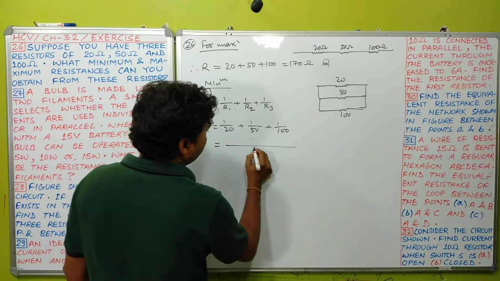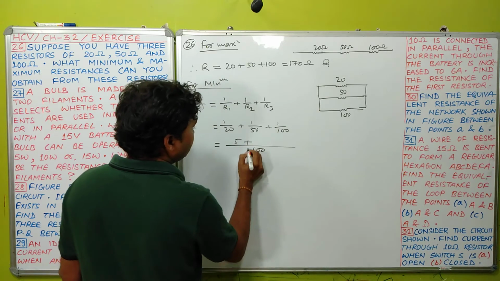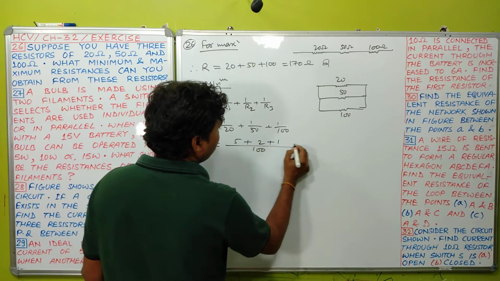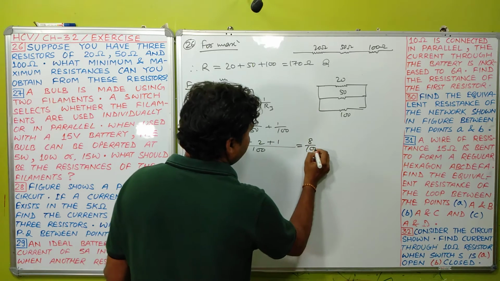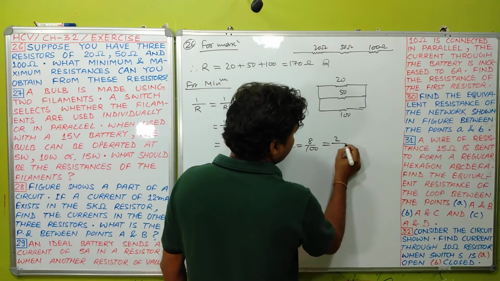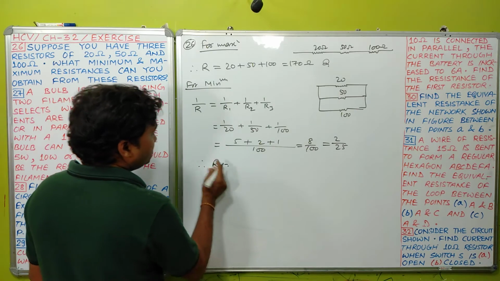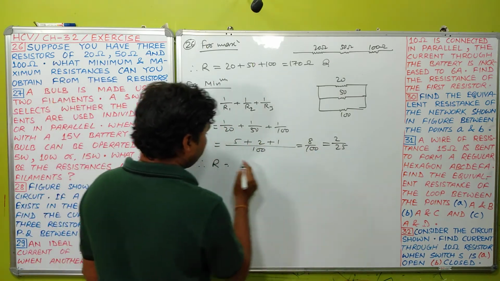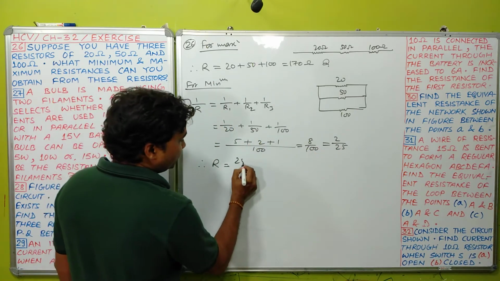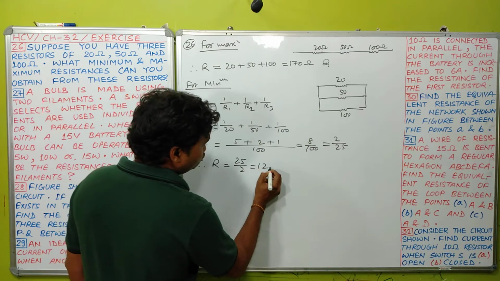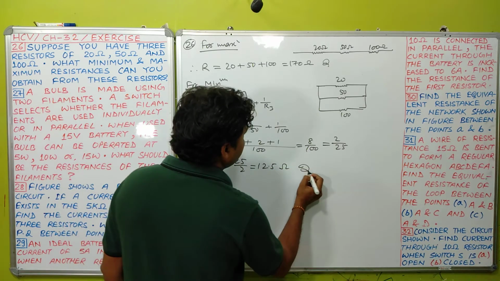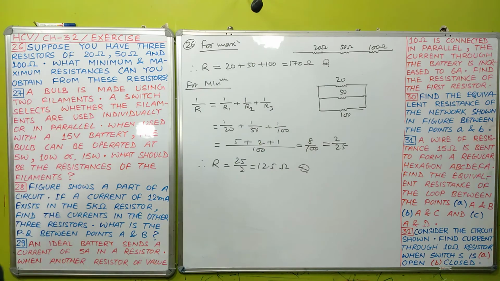This is now 5 plus 2 plus 1 over 100. This is 8 by 100, this is 2 by 25. Since 1 by R equals 2 by 25, R equals 25 by 2, means 12.5 ohm is your answer. Student, this was question number 26.